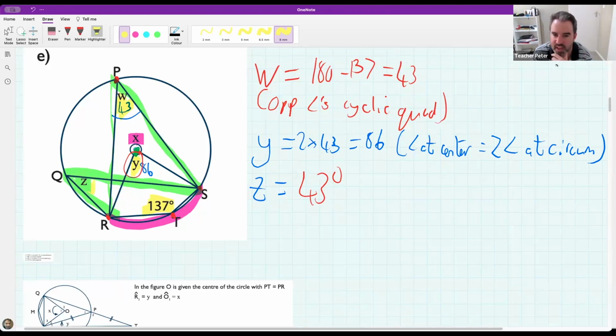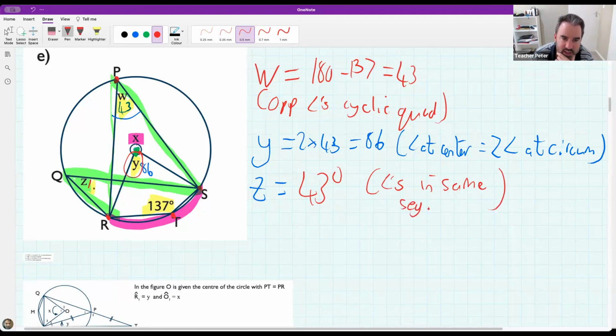You could either say angle at the center is twice the angle at the circumference, or you could say angles in same segment and say that this is 43. It's almost like these are both in the same butterfly. Okay, now there's only one thing left to get, which is x. What is x going to be?